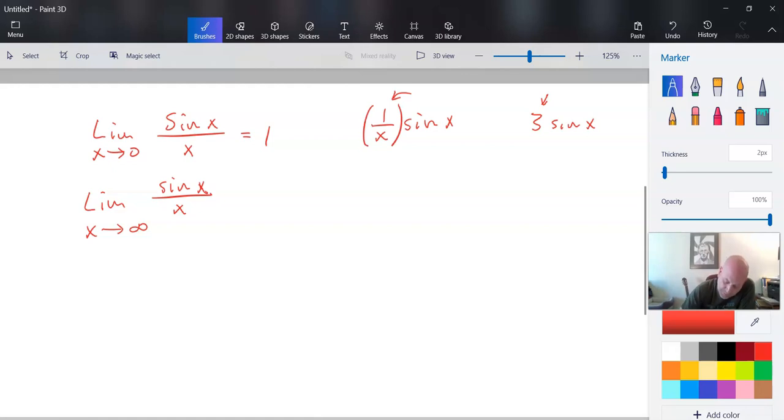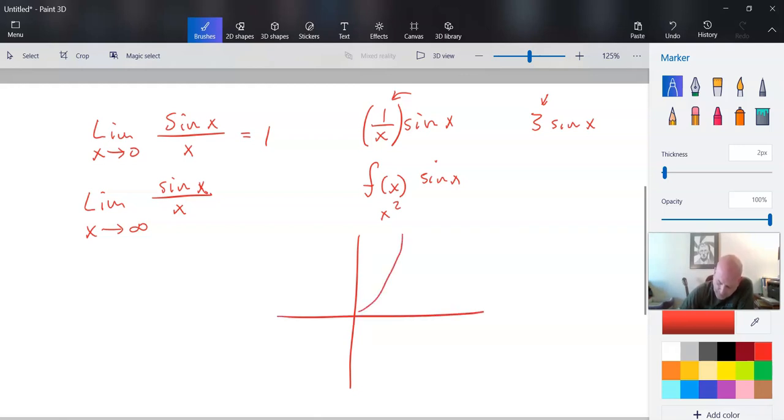Well, when I multiply a function by sine of x, this function basically becomes the new amplitude. So let's generalize it a little bit. If it's f of x times sine x, what that means is whatever the height of f of x is, that's the amplitude of sine at that point. So if f of x happens to be something like x squared, right, I'd have a parabola. And sine would actually be bounded by the positive and negative parabolas here.